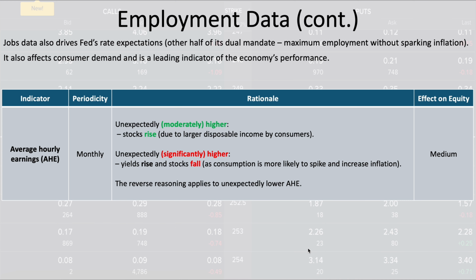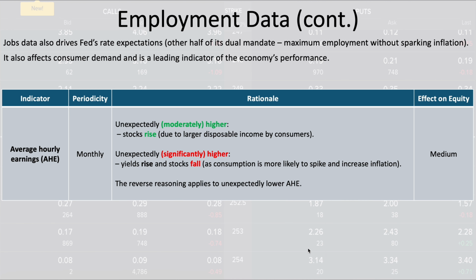Also, keeping it within the employment data, this one is probably a little trickier to understand, but still: the average hourly earnings. This information also comes together with the non-farm payrolls and the ADP, because this is an employment report which is released.